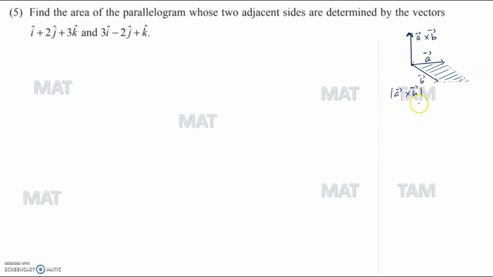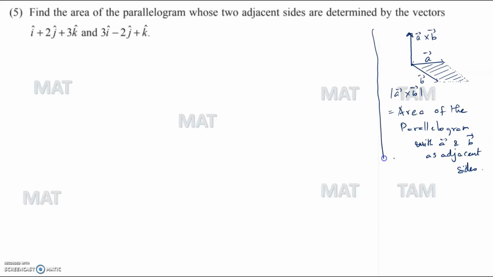You can call it as the area of the parallelogram with vector A and B as adjacent sides. Okay, it's just for our reference. So now let's start to solve the problem.